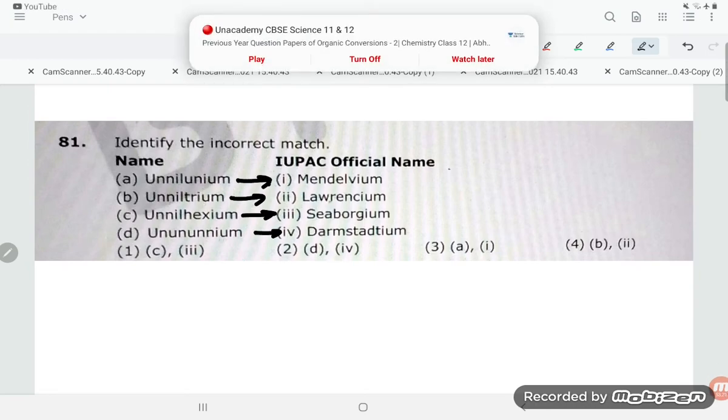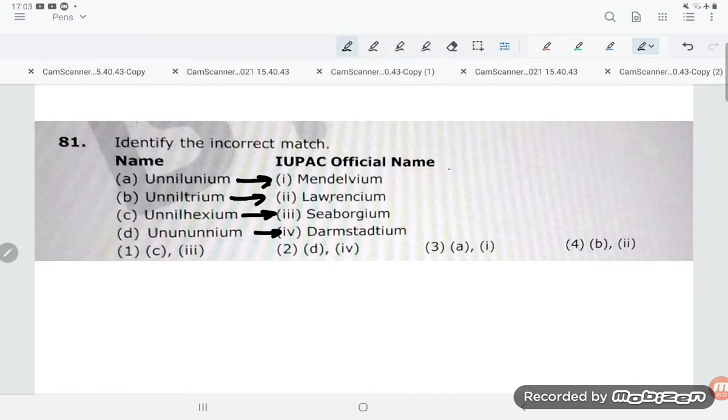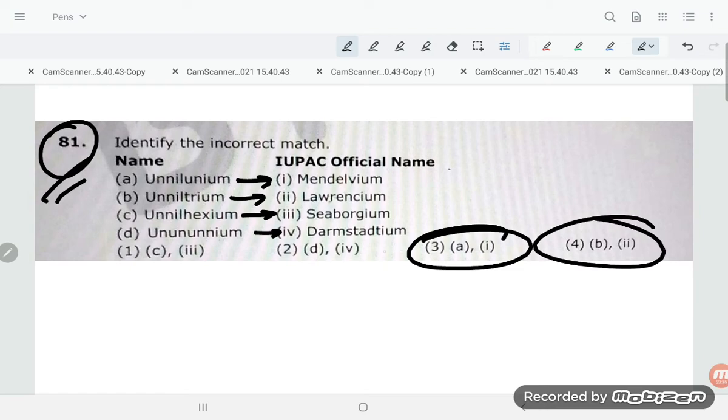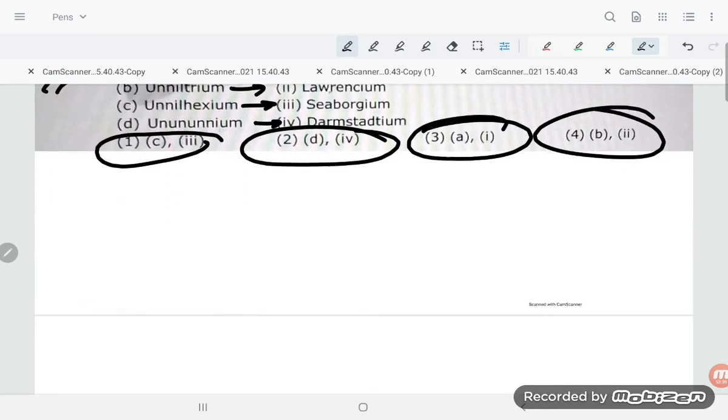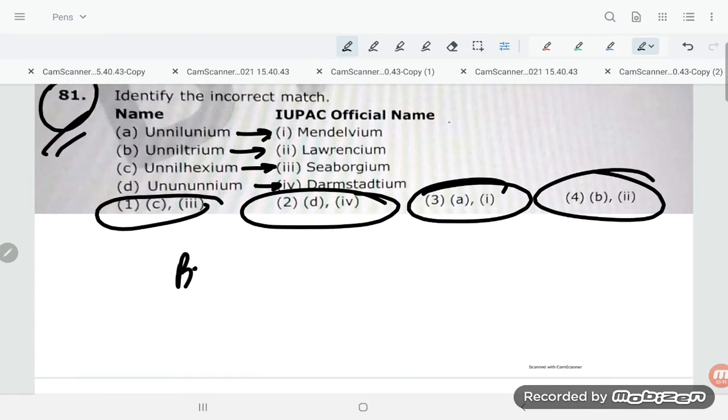So D and 4 is correct now. So why are they saying wrong, students? This one is the bonus question, student. All are the same: A1, B2, D4, C third. All are correct only. So this is the bonus question. So everybody will get the same number of marks, student.